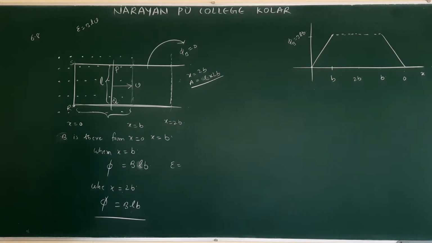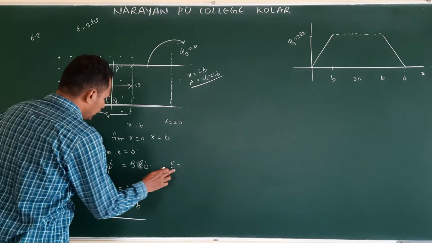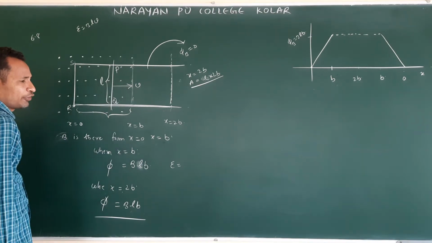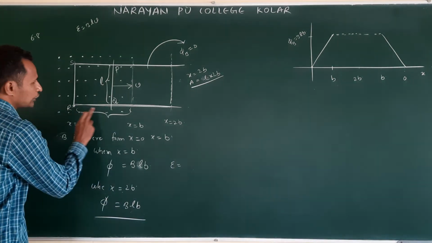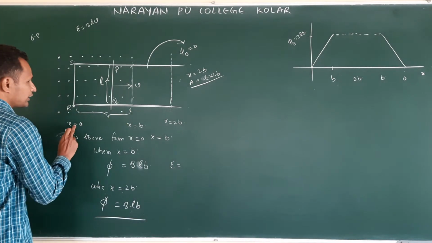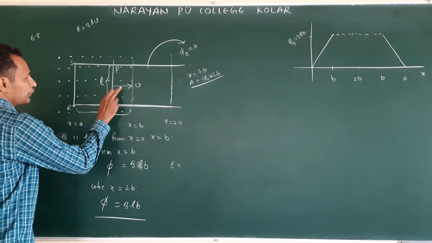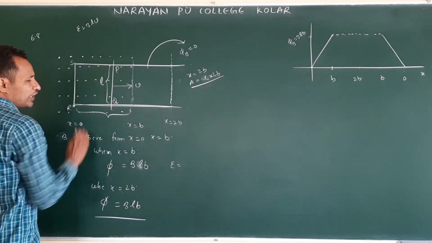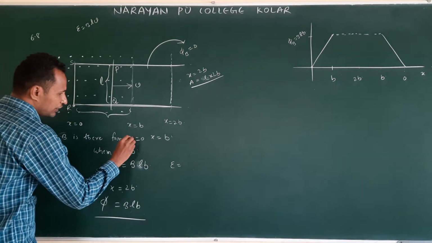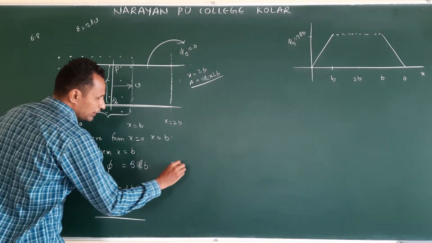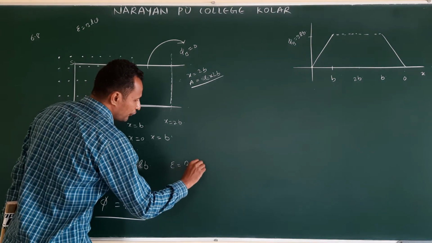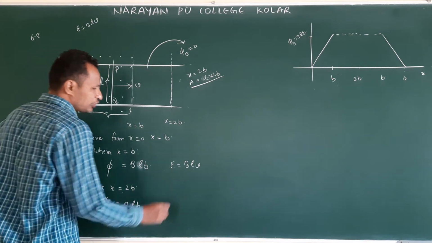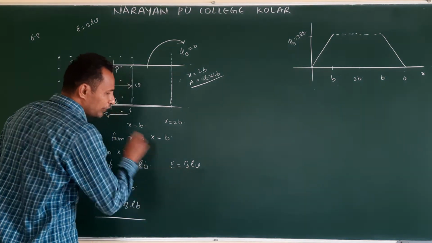Right? Okay. x is equal to 0 to x is equal to b. The rod is moving, there will be a flux. Between x is equal to 0 and x is equal to b, magnetic field was there. When the rod moves, area increases, flux is increasing. I am talking in this region. The answer is BLv.